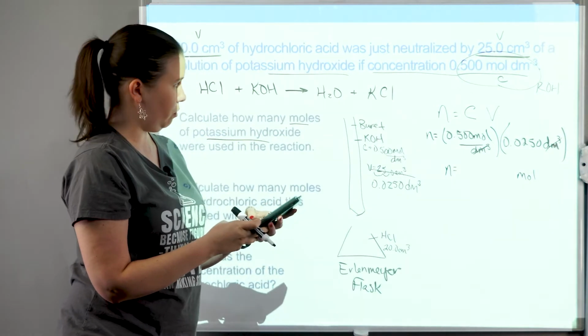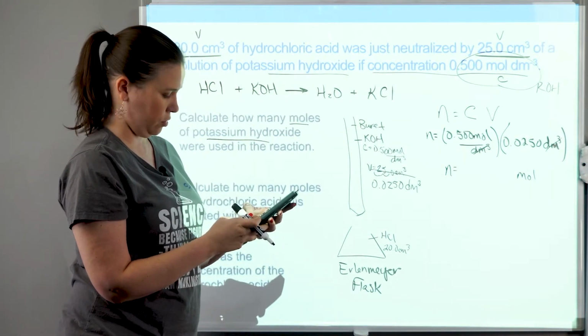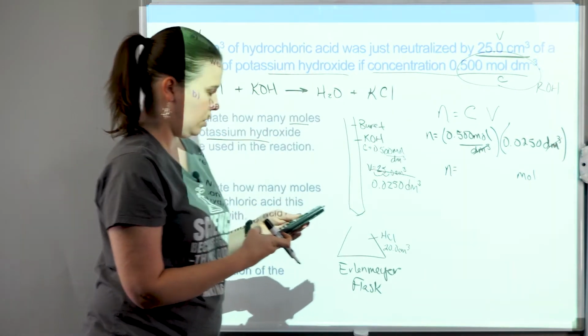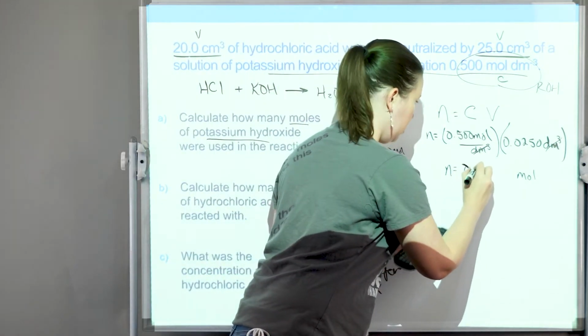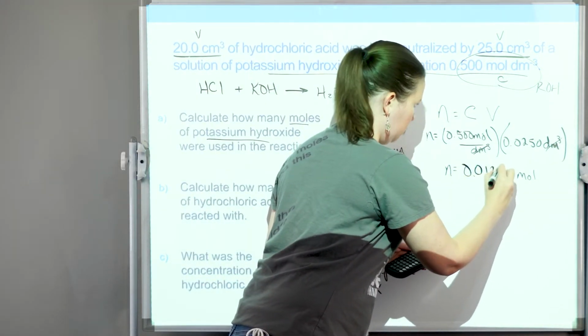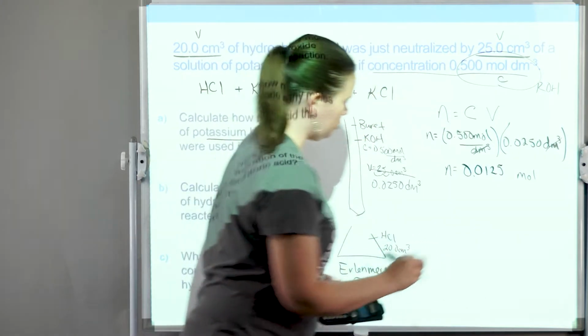So I just need to do 0.5 times 0.025, and I get 0.0125. 3 sig figs, actually.